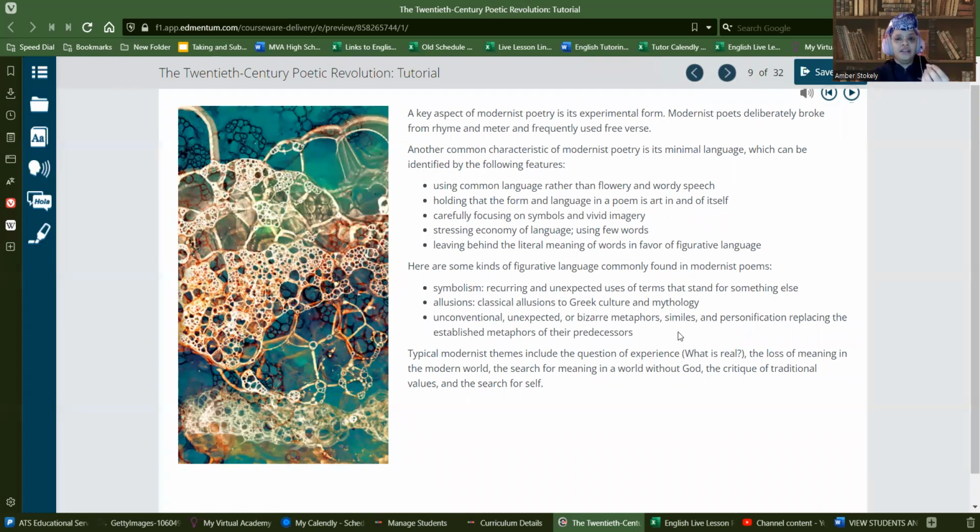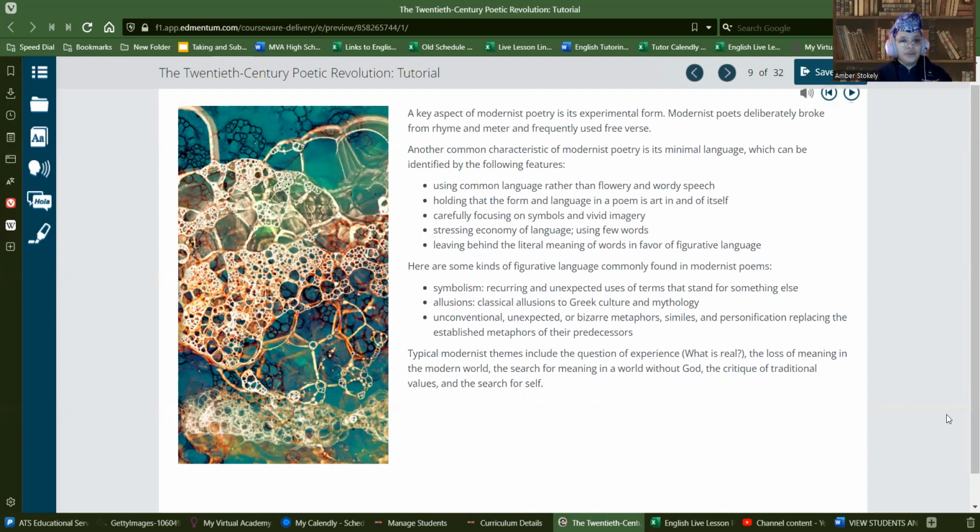You're comparing eyes and the sea, and you're saying that somehow they're similar. If you were to make this into a simile, you would use the words like or as. That is the only difference between a metaphor and a simile, the use of the words like or as.